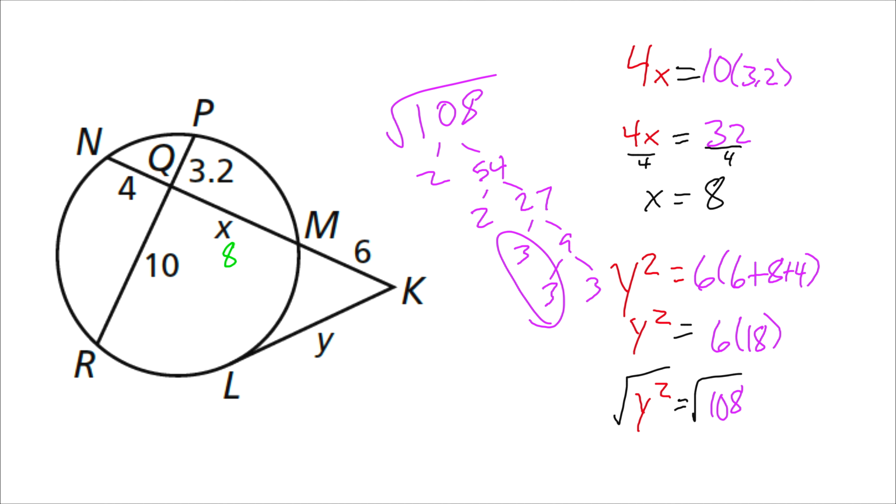So we have a pair of 3s, a pair of 2s, and all that is left over is a 3. So that becomes 2 times 3 square roots of 3. So y equals 6 square roots of 3.